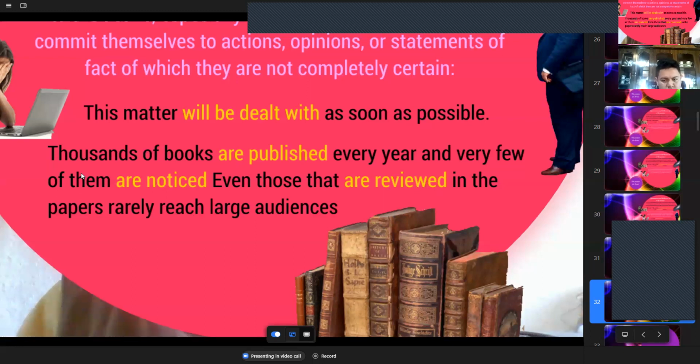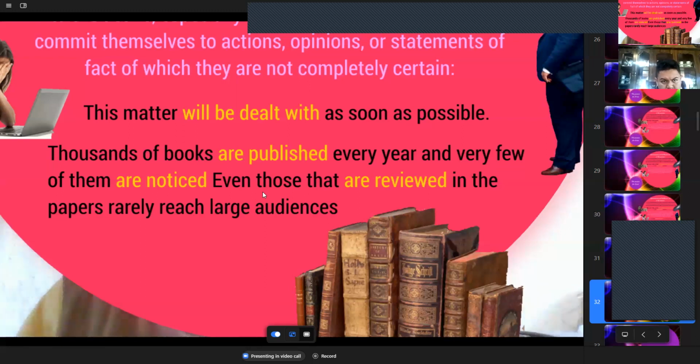Okay? Now, them refers to the books. So that's why I am using the verb to be are. Books is in plural, so I am using are. Even those is expressing something in plural, so that's why I am using are. Those is making reference to the thousands of books.